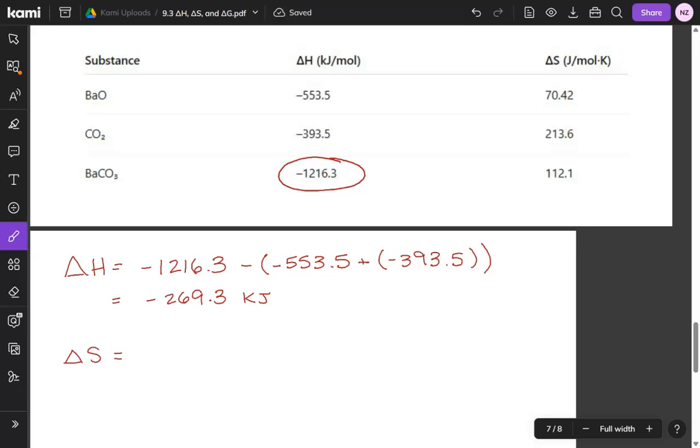Delta S, or our entropy, we're going to use again our values from the table. Products minus reactants, so we had 112.1 minus our reactants, 70.42 plus 213.6.